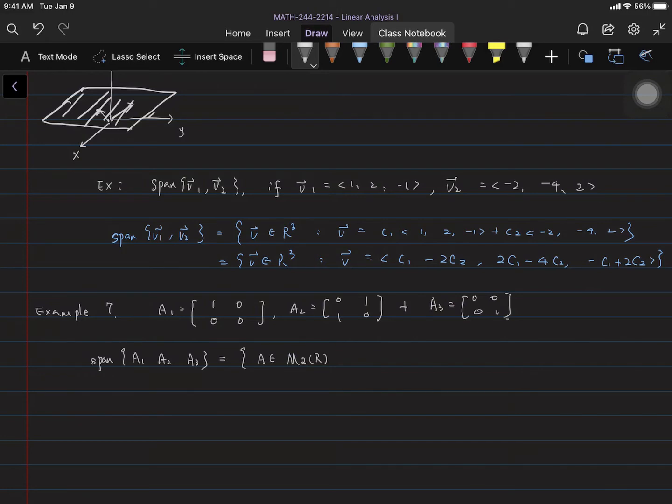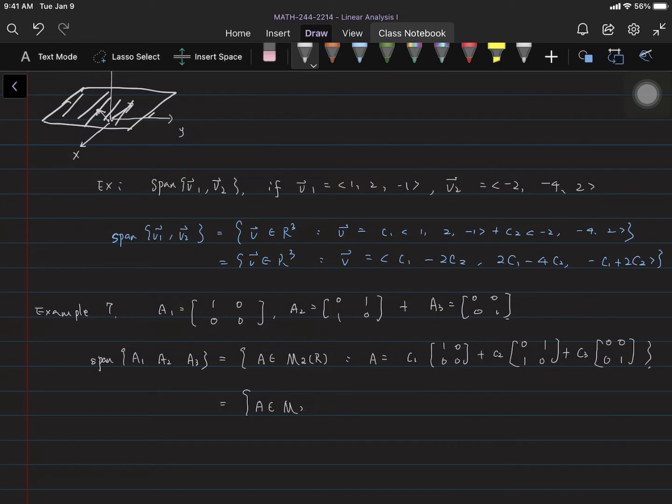A equals C1 A1 plus C2 A2 plus C3 A3, and we simplify.